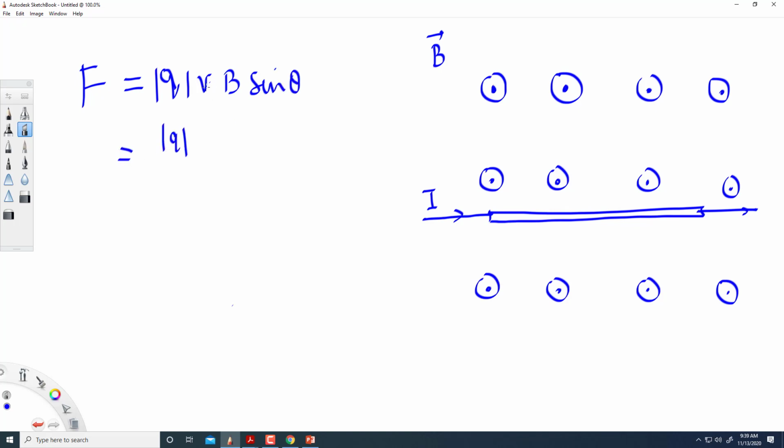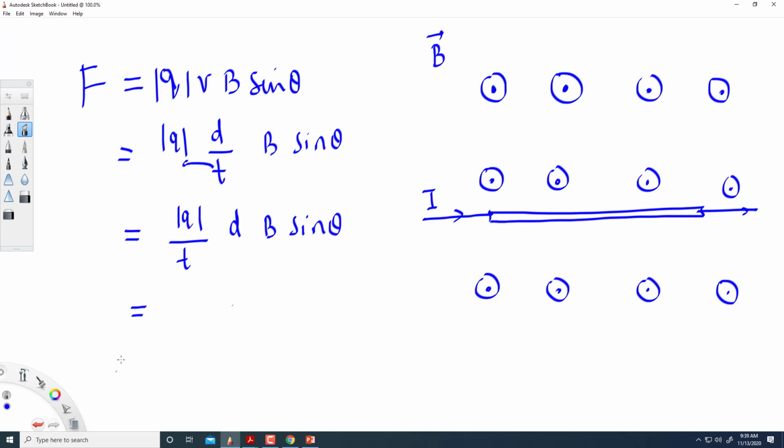The definition of v is distance over time, so F = q (d/t) B sin theta. Switching q and t, we get F = (q/t) d B sin theta, and by definition, q over t is current, so F = I d B sin theta.